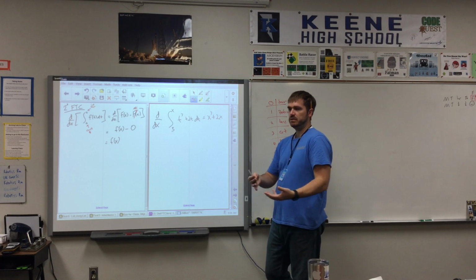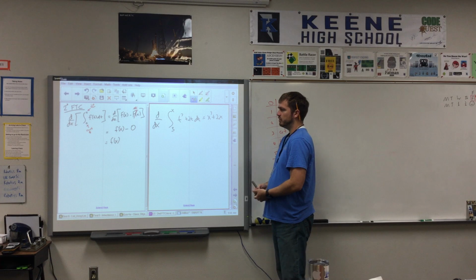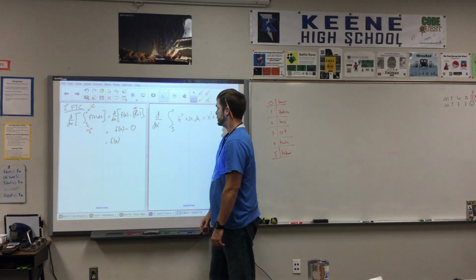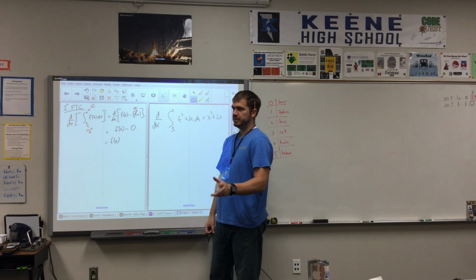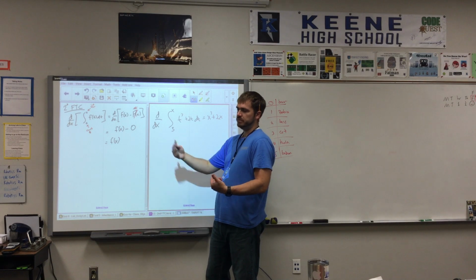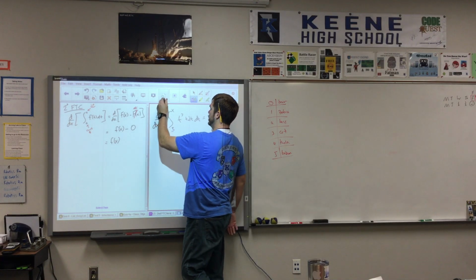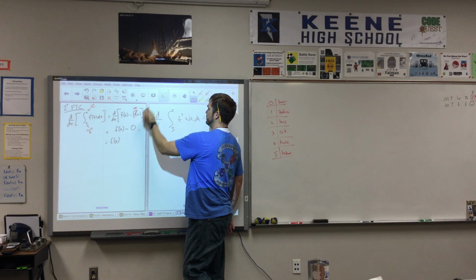But we can extend it a little bit to make it a little bit more robust, to make it handle stuff where we don't just have an x right there. So that's what we're going to do. If this is the fundamental theorem, then these next two things I'm going to show you would be corollaries to that. All right? So here we go.